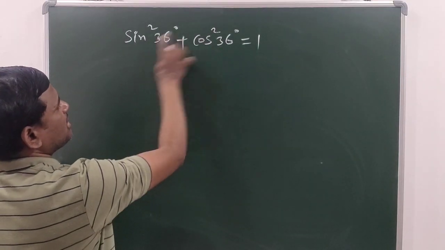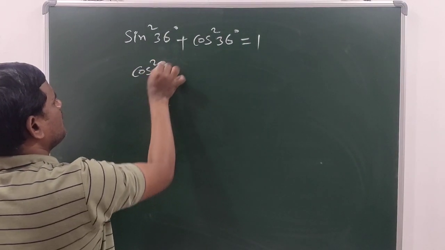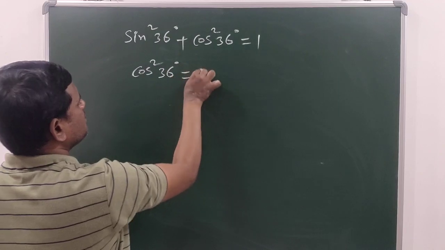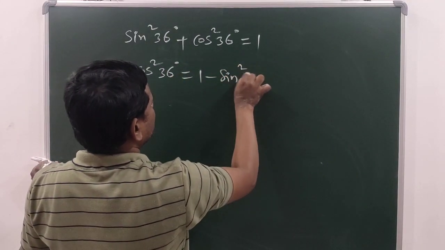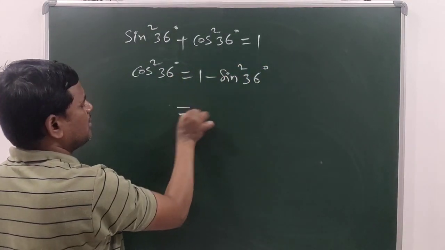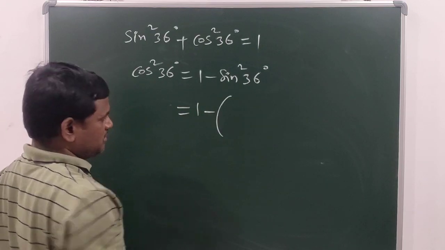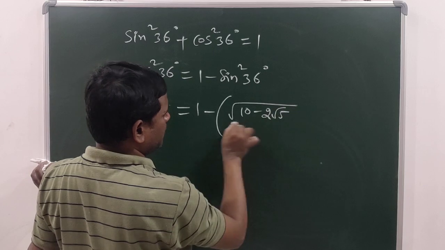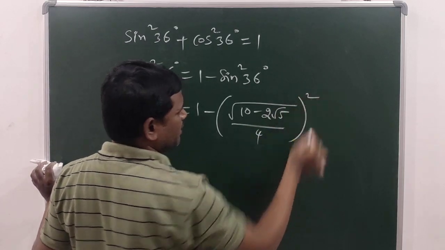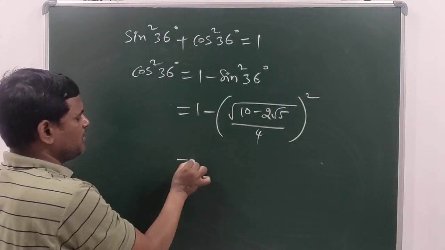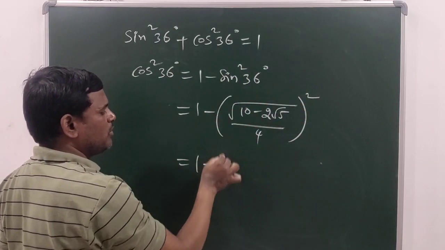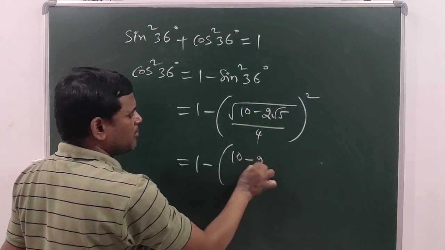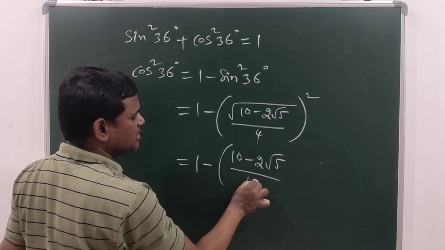So transfer this to the right side. Cos square 36 degrees is equal to 1 minus sin square 36 degrees. Now 1 minus sin 36, which is square root of 10 minus 2 root 5 by 4, whole square. Now simplify this. The square root cancels. 10 minus 2 root 5 by 16.